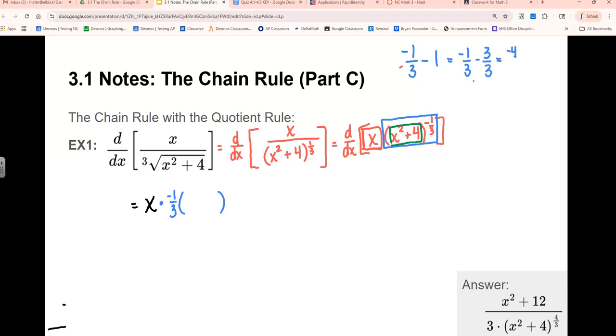So negative 4/3 there. Now, the downside of doing it this way is you are going to have to do some, not too intensive, but some negative fraction work here. If you need to, jot it over to the side. Stuff on the inside, though, stays the same. So x squared plus 4 stays the same there on the inside.